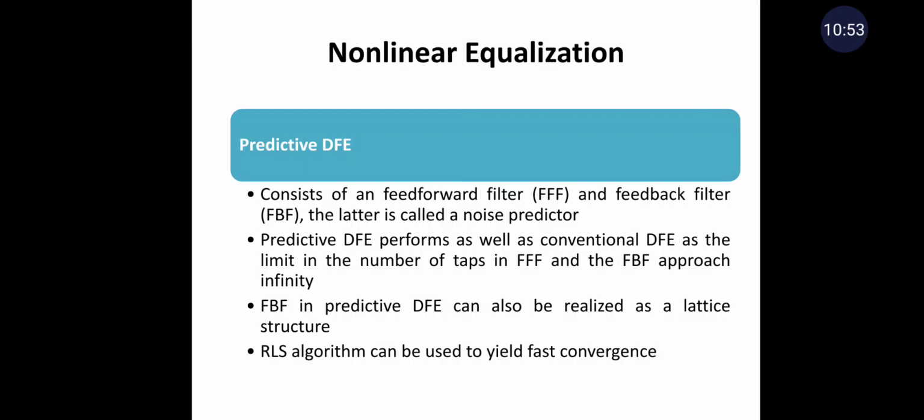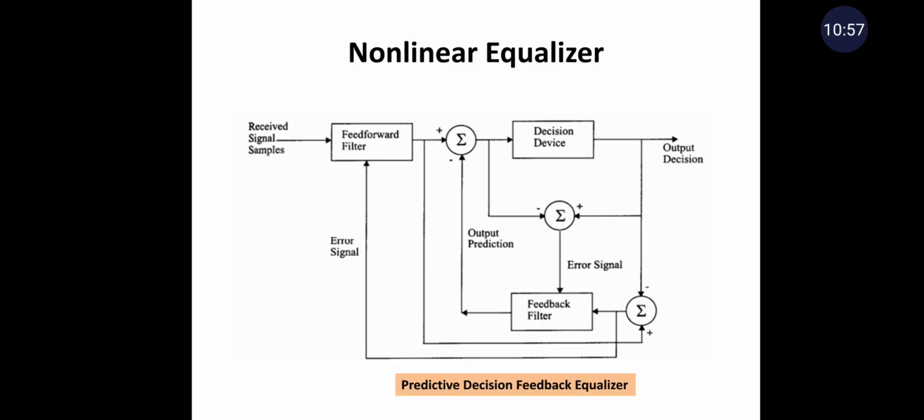The RLS algorithm can be used to yield fast convergence. So this is the structure of the predictive decision feedback equalizer. Here we have the feed forward filter, the feedback filter, and then a decision device. We have the summer, the received signal is applied, and the final output can be obtained at the other end.